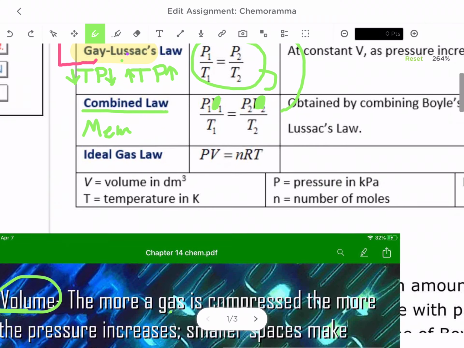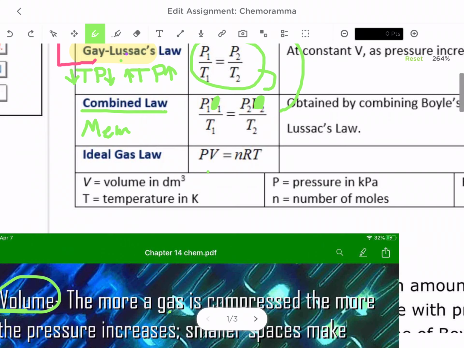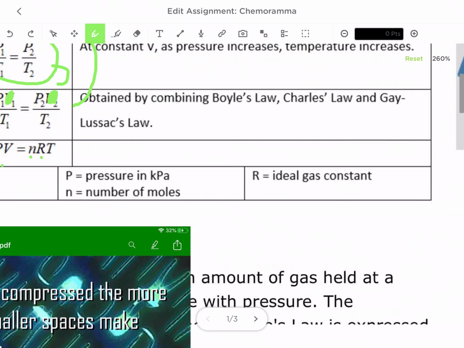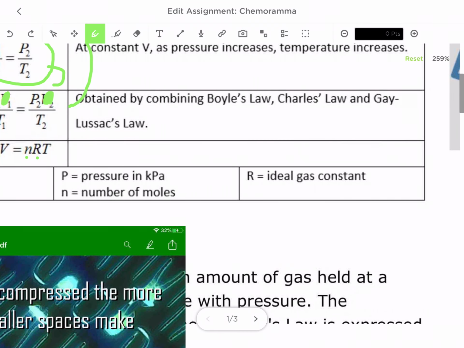Now, we also have the ideal gas law, and that is PV equals nRT. Pressure, volume, N is the number of moles. R is something called the ideal gas constant. Now, constant means it's constantly the same number, always.